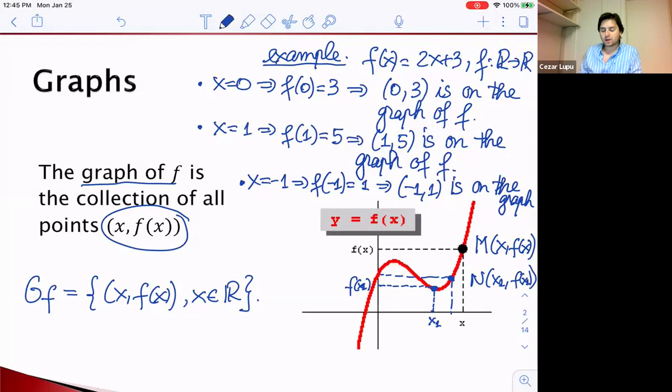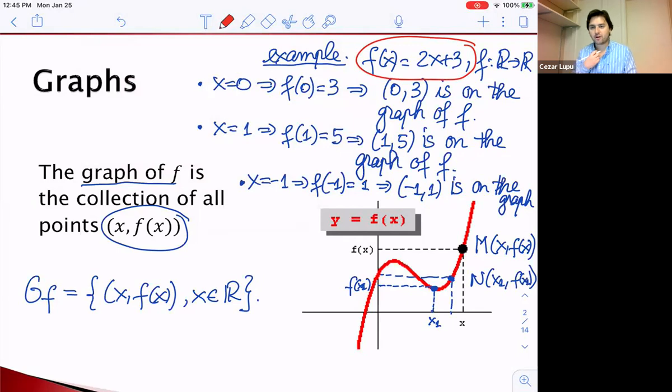So this is a function, and the graph of this, well, I don't have enough room now, but probably after I'm done with the slides, we will draw some pictures as well. The graph of this function here is what we call a linear function.